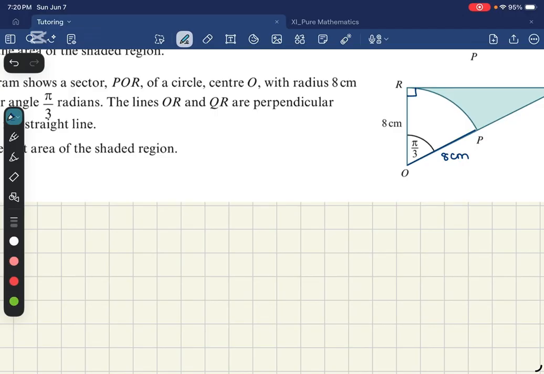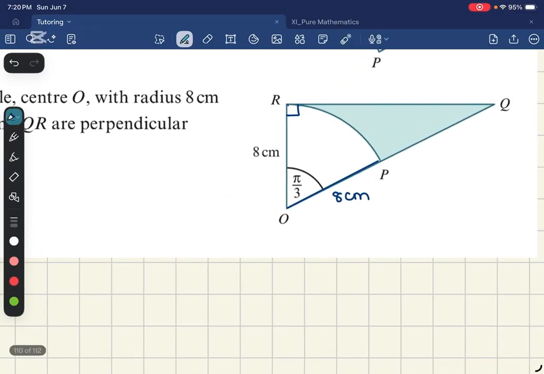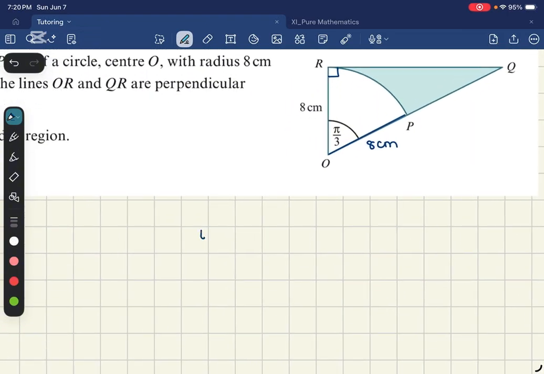So let's see. We have a right angle triangle with an angle, right? So we can obviously find QR. What is going to be QR? Well, tan of the angle, tan pi by 3, is the opposite, which is the length QR, divided by the adjacent, which is 8 centimeters.